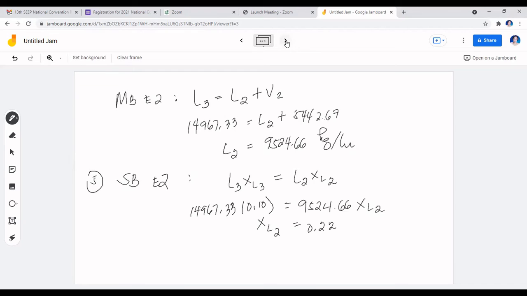So we need to do first solid balance in effect 3. Thank you for that. So effect 3, solid balance. So we'll have the feed and the solid content of the feed. We have L3 and XL3. You have 20, 4, 10 here.